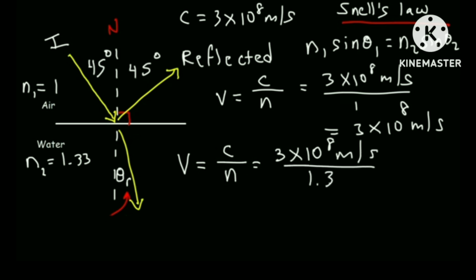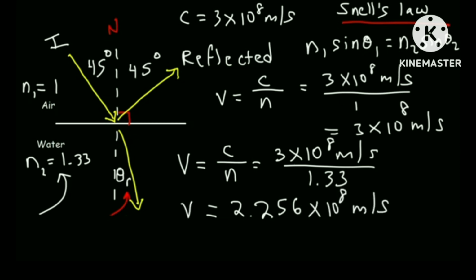If we divide it by 1.33, which is the index of refraction of water, we can get the speed of light in water. And so in water, light travels at 2.256 times 10 to the 8 meters per second.